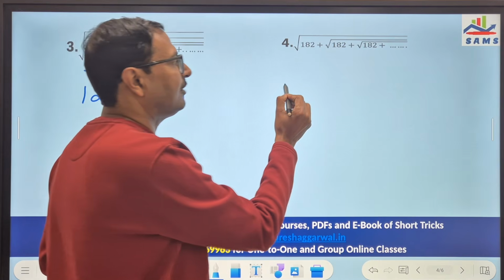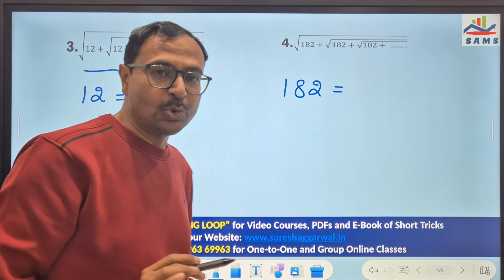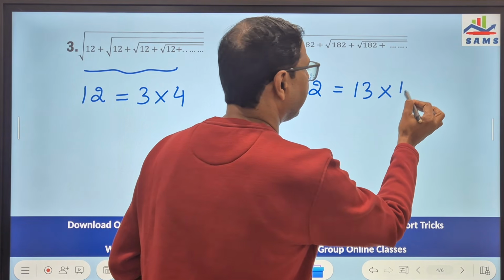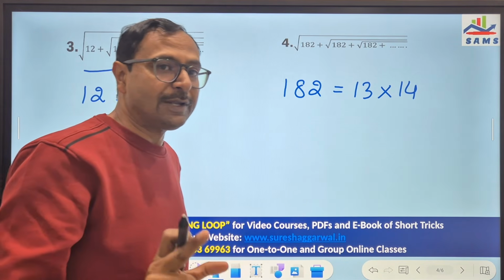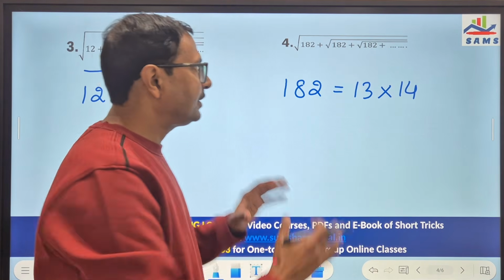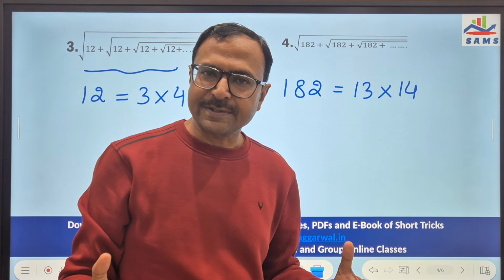Like here we have 182. So if you make factors of 182, you will see that this actually is 13 times 14. And every time we are going to get a question which can be represented like this. So once you represent the number inside the square root like this, the next step will give you your answer.